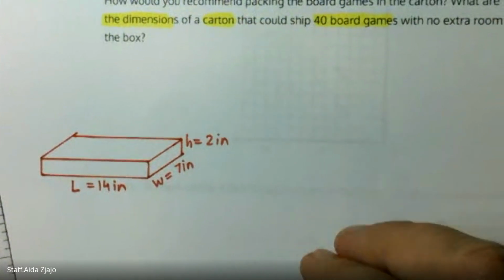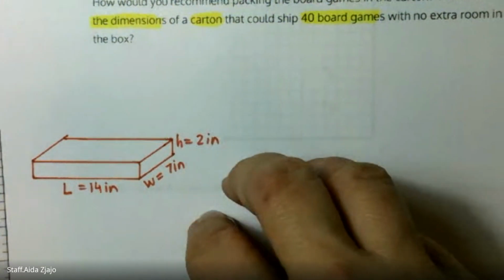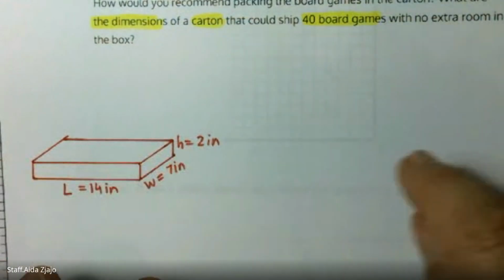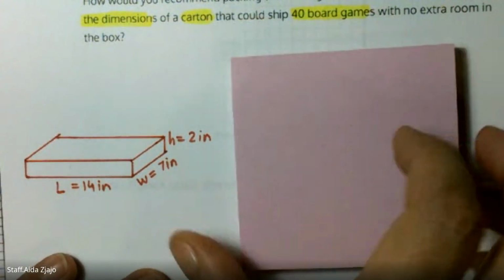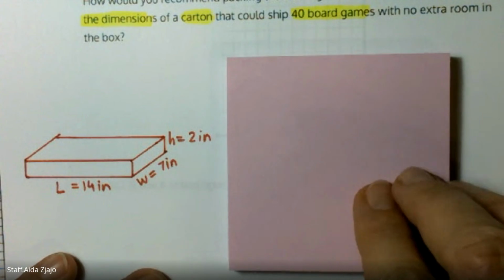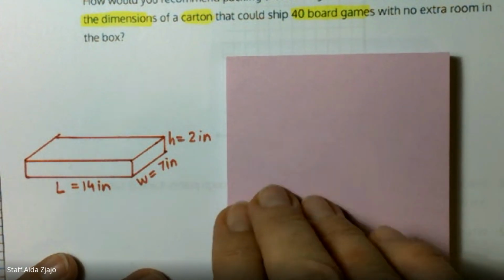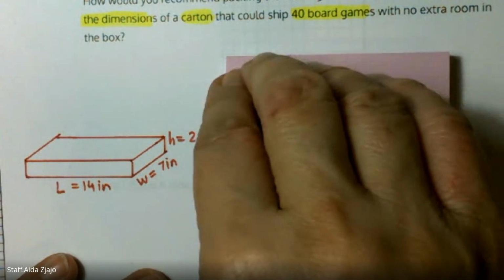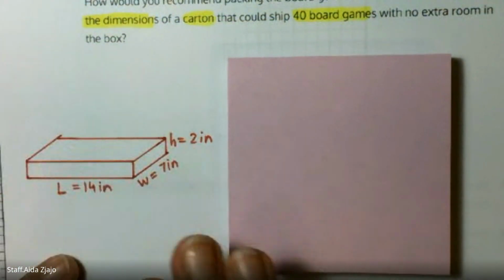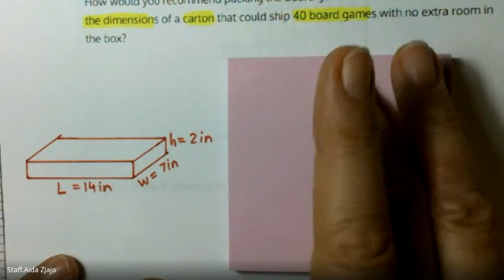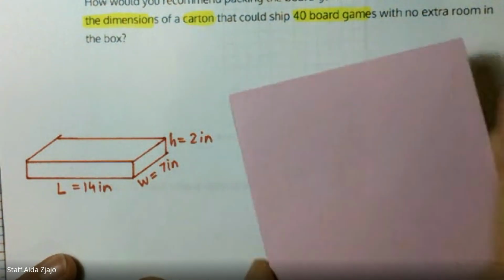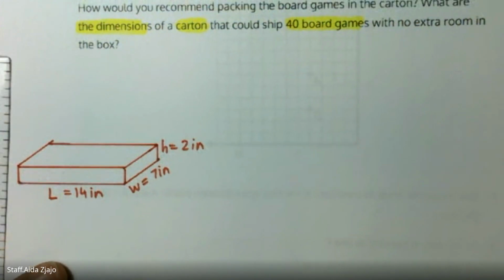But if I think about groups of 10 and imagine this is the bottom of the box, I can think about having 4 corners, and each corner will stack 10: 10, 20, 30, 40 games. So if I stack these 10 and put them in here, and 10 in this, in this, in this, I will be making it equal.